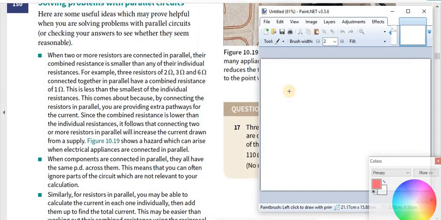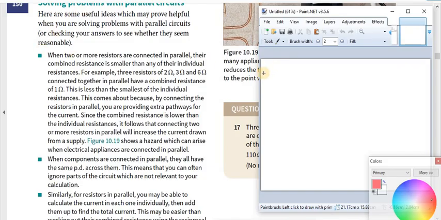Let's say you have a number of resistors connected in parallel. The total resistance of those resistors that are in parallel should be less than the least resistance of the resistor of those resistors connected in parallel. So for example, let's say you have 3 resistors connected in parallel, and that's what they mean by this.